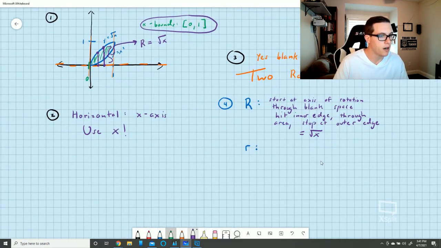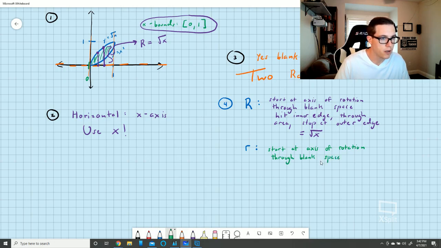How about little r? How do I find little r? Start at axis of rotation, through blank space, stop at inner edge.